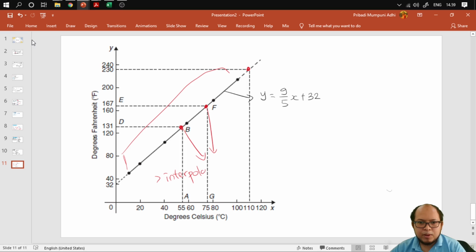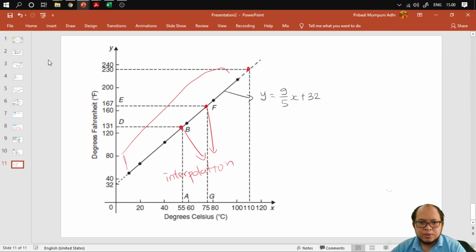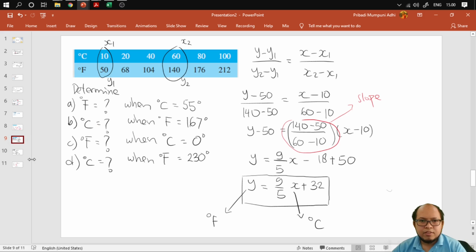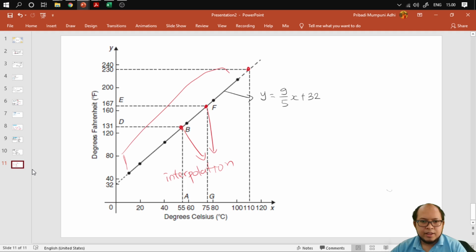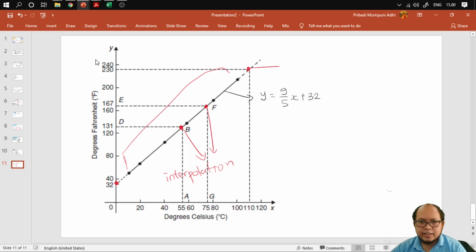So this is interpolation, because the known values start from degree C equal to 10, and on the broken line here, there are two broken lines. In these values, we make extrapolation. Also, this is extrapolation.